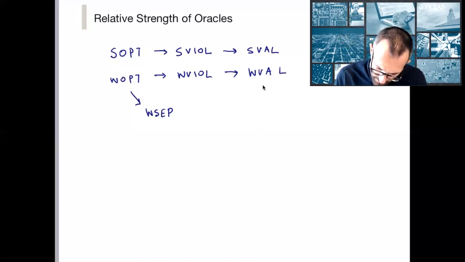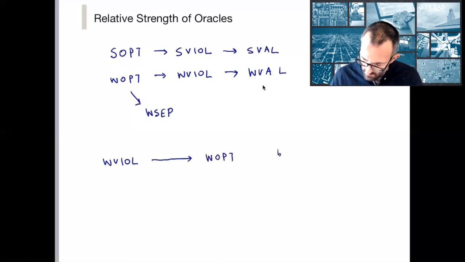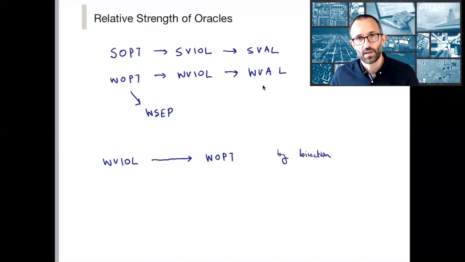So we should have this arrow, at least by bisection. But just a moment of thought tells us that we actually need a little bit more.